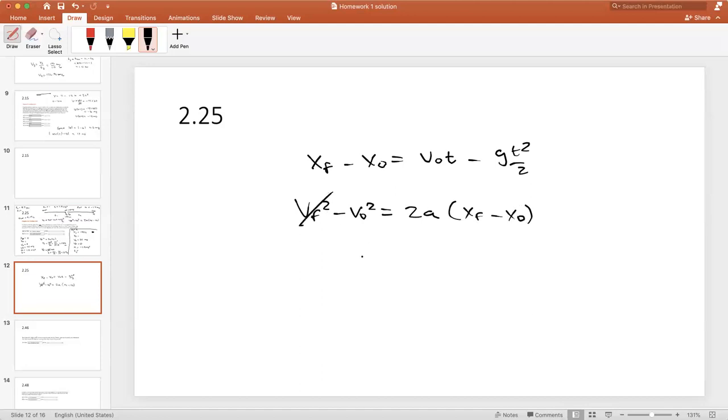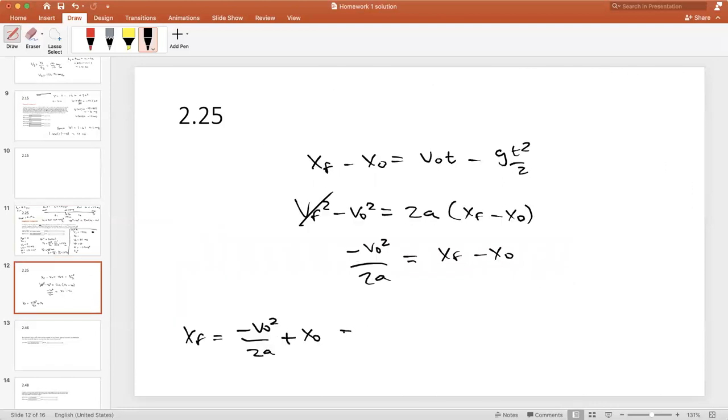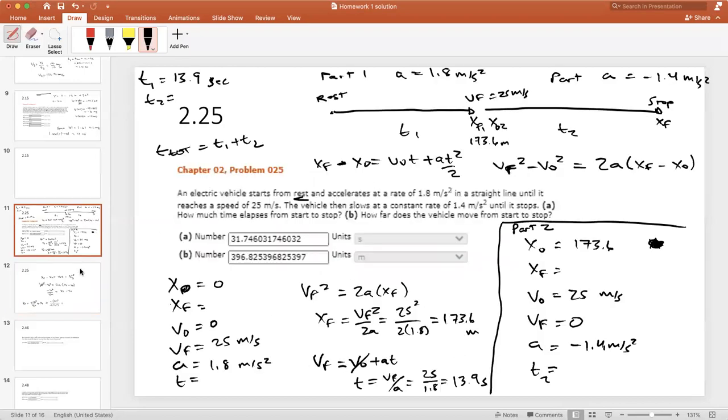This one is. So what I get, and I'm trying to find x final, I get minus v initial squared over 2a is equal to x final minus x initial, or x final is minus v naught squared over 2a plus x initial. Remember that a is negative, it's 1.4. So this is negative 25 squared over 2 times 1.4 with a negative sign, so those will cancel, plus 173.6.